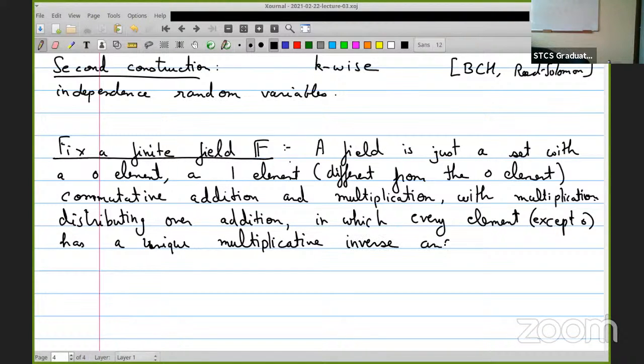And every element has an additive inverse.